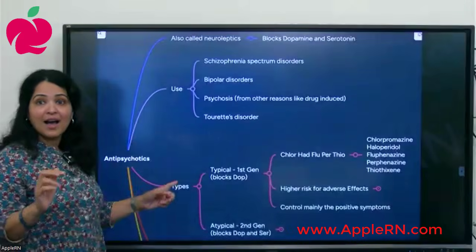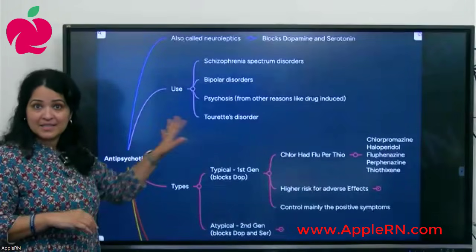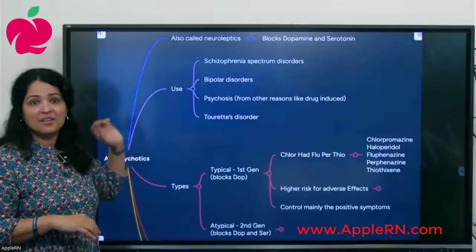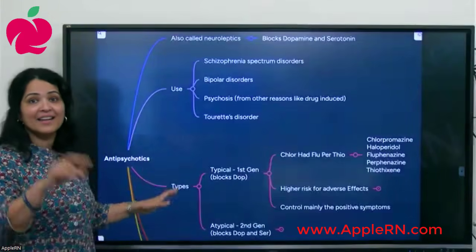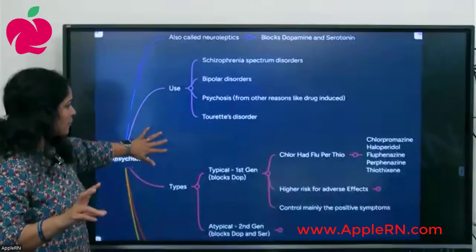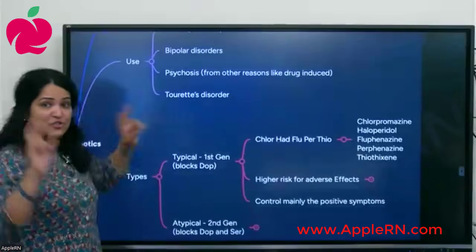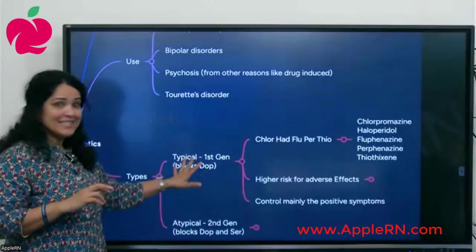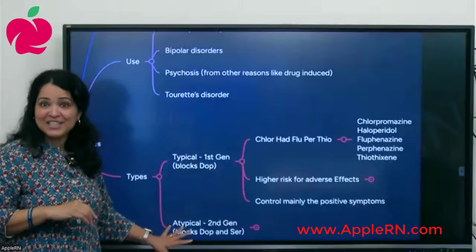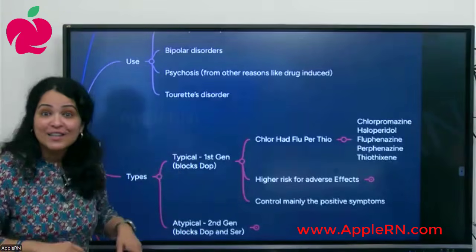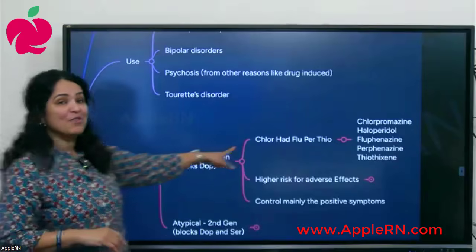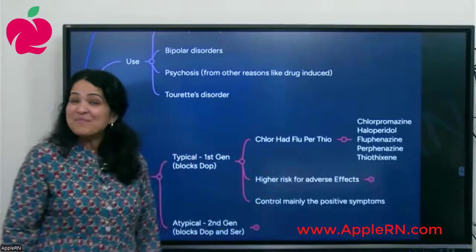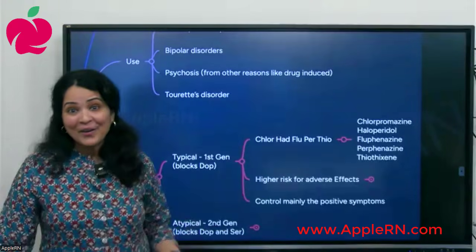And in our class, we said there are 2 kinds of antipsychotics, generations: first generation and second generation. And this one is a first generation, and this is what we said we can probably remember: Chlor Had Fluperthio, right?